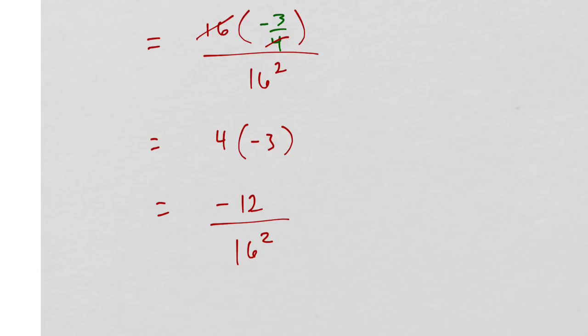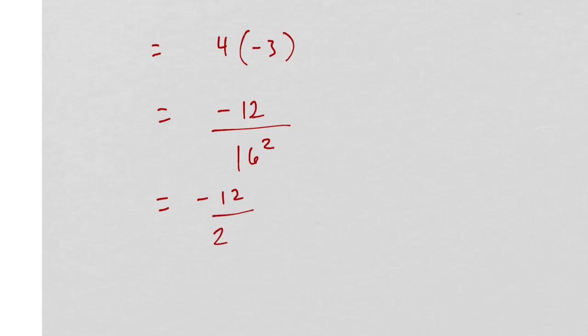You could square that out, I guess I'll do that, and that equals negative 12 over 256. But I can definitely reduce that. If I divide by 4, I get negative 3 over 64. I think that's it. I hope that's it.